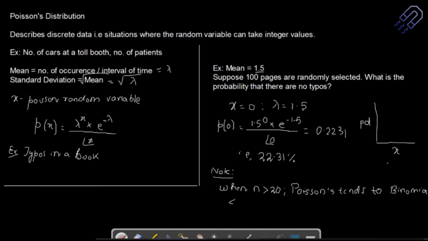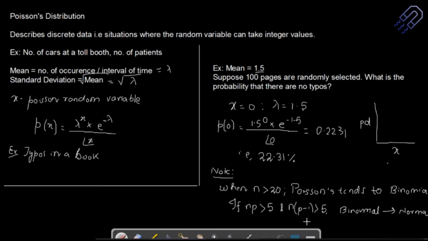Now if the binomial distribution mean np, the total number of observations times the probability of success, is greater than 5, and nq, that means n into (1 minus p), is also greater than 5, then this binomial distribution will tend to the normal distribution. Normal is something which is more or less continuous in nature.